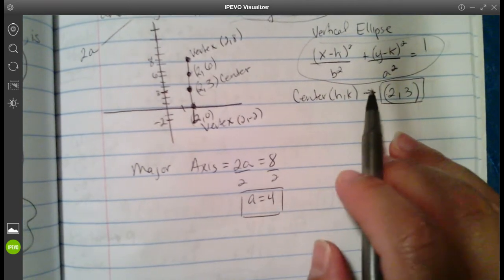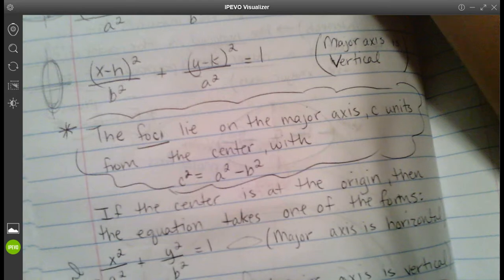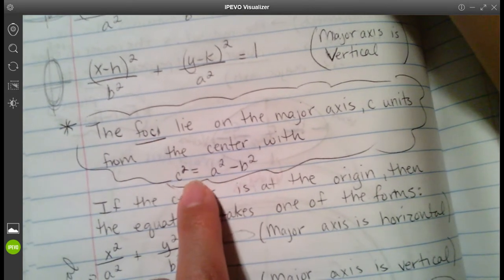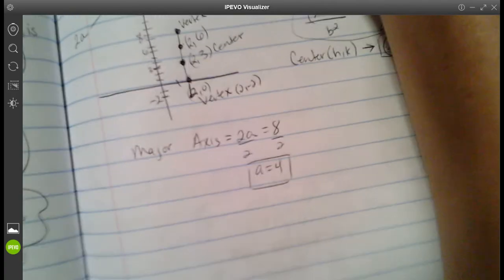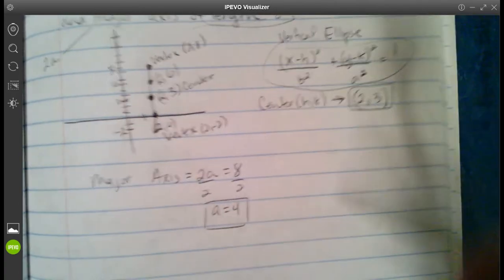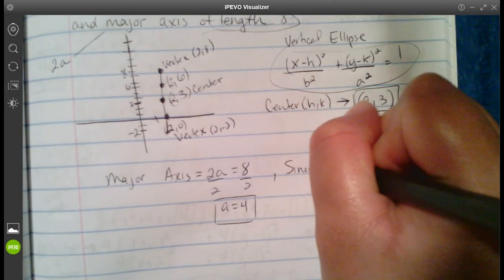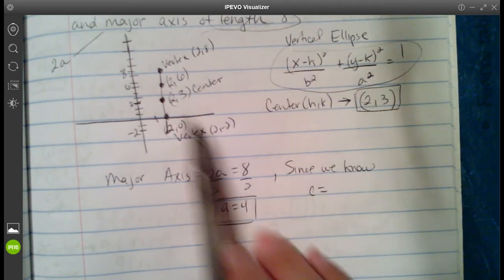How am I going to find b? Well, I also know that I have this formula: c squared is equal to a squared minus b squared. I know what c is. c is the distance from the focus to the center. So what is c equal to?